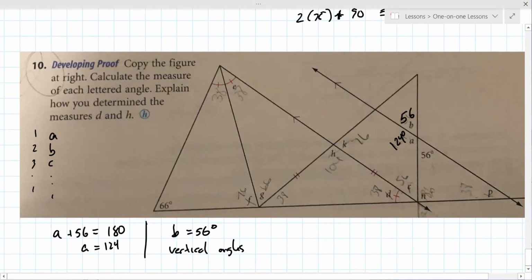Where is C? C is down here. These are parallel lines, this one and this one. So this line right here is a transversal, and what that allows you to do is say that angle B has to equal angle C because they are corresponding angles.